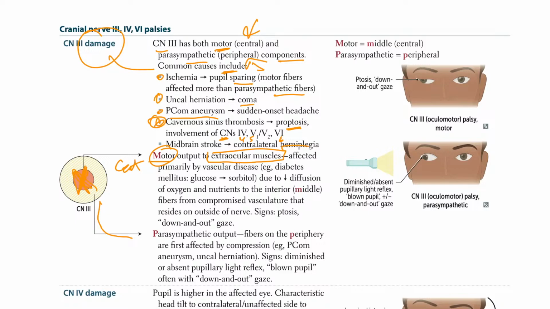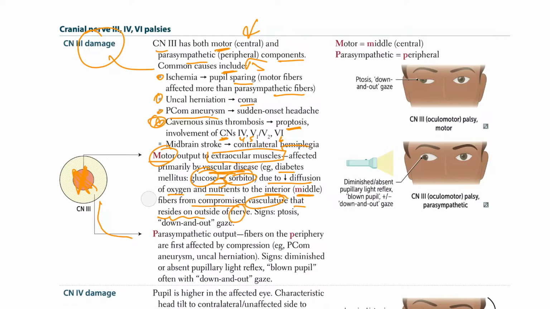You knock it out in any ischemia, vascular disease. For example, in diabetes, where glucose goes and forms sorbitols, leading to ischemia, leading to damage to the central part of the nerve, and also due to decreased diffusion of oxygen and nutrition to the interior, which is the middle part, from compromised vasculature that resides on the outside of the nerve.